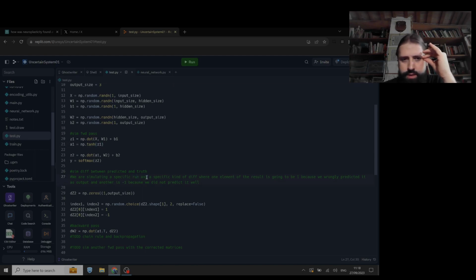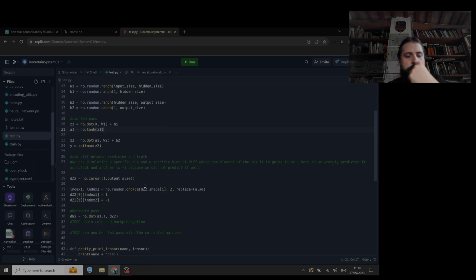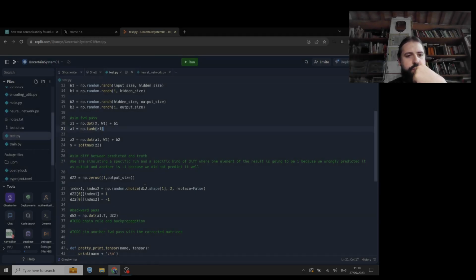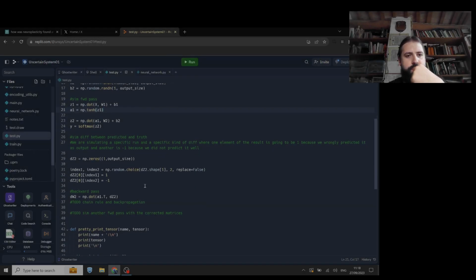I think the question that I had in the last session was why, in the example that Ghostwriter was giving me, we were multiplying something by the derivative of the activation function. And now I realize that's maybe just because of the chain rule. That's what it is, right?